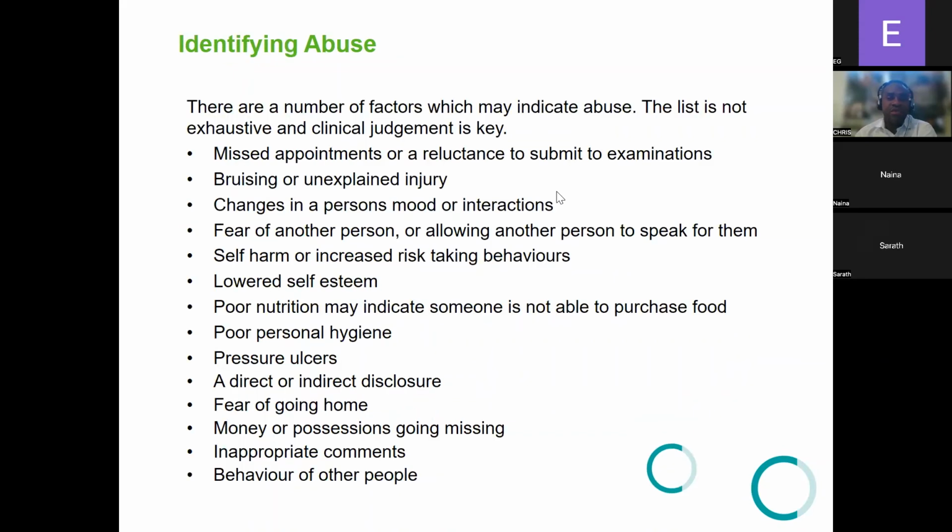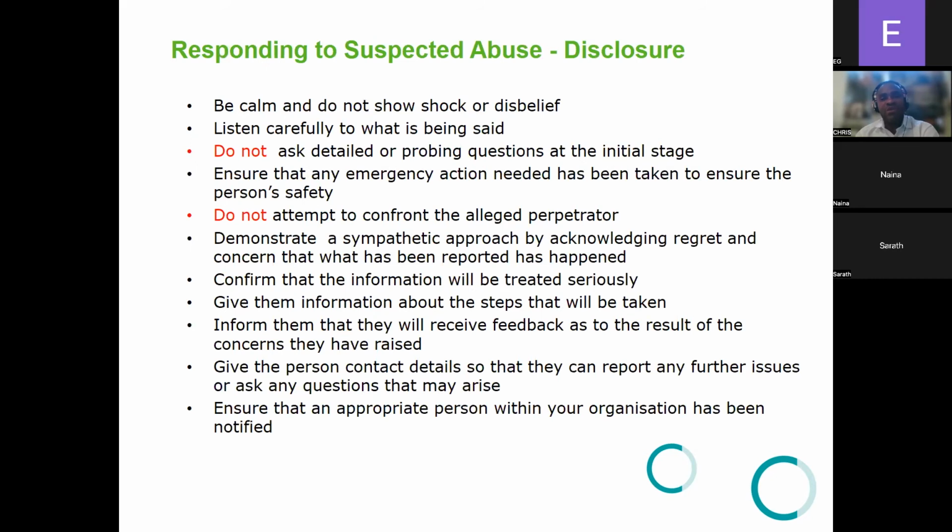We've looked at how to identify the signs and symptoms that show that an adult service user is being abused or is at risk of being abused. Then we looked at how to respond to your suspicion of abuse or a disclosure by a service user that they have been abused. That is what we've covered so far.